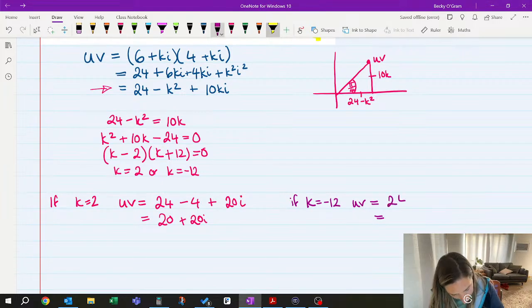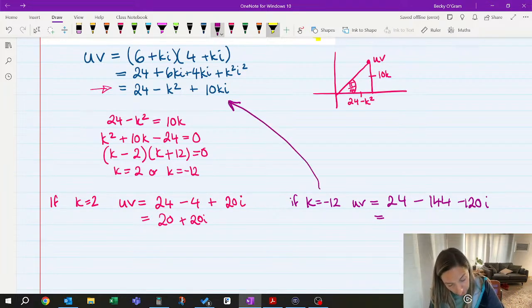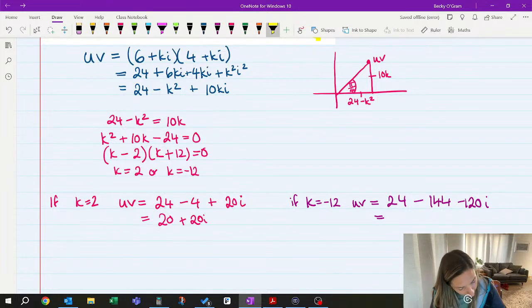So we've got 24 minus k squared, which is 144. And then 10 times negative 12 will be minus 120i. Again, all I'm doing is substituting k equals minus 12 into that one for uv. So now 24 minus 144, that is negative 120. And we have minus 120i.